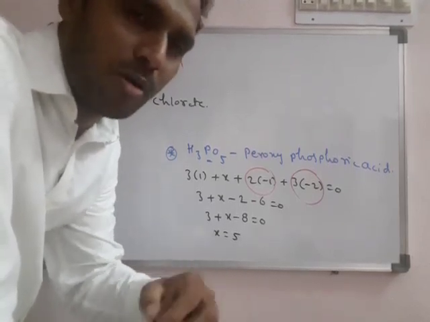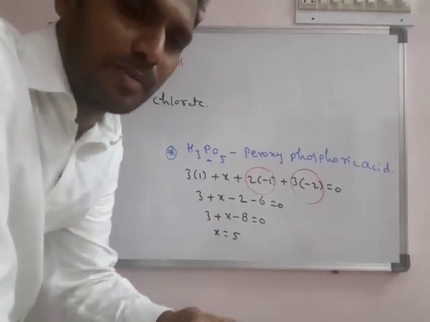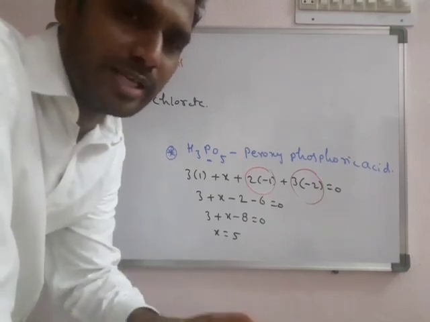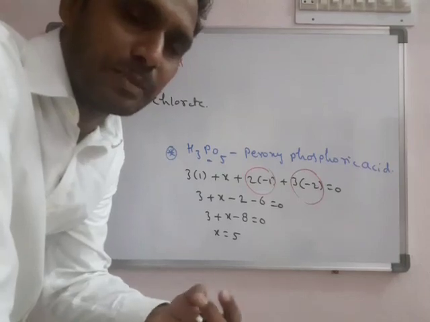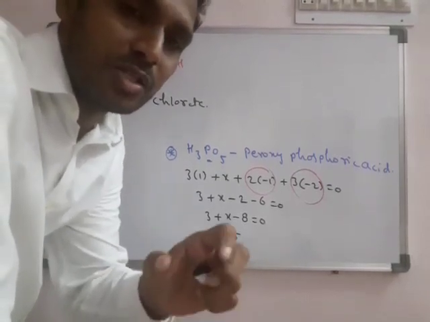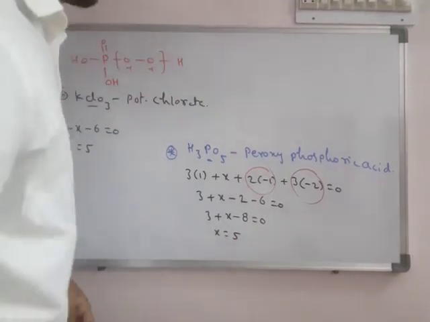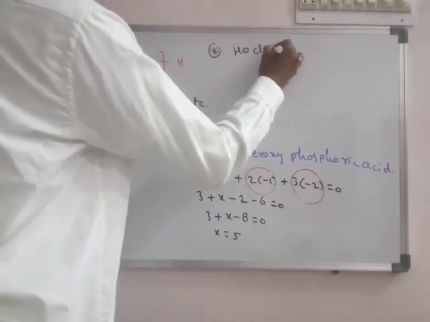But based on the compound formed this time, depending on other atoms, they may show some positive oxidation numbers also. For fluorine there is no other choice, minus 1, but chlorine shows plus 1, plus 3, plus 5, plus 7 oxidation states also. In very rare cases it also shows positive plus 1, as in hypochlorous acid.